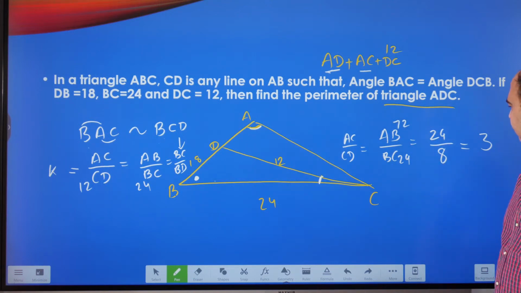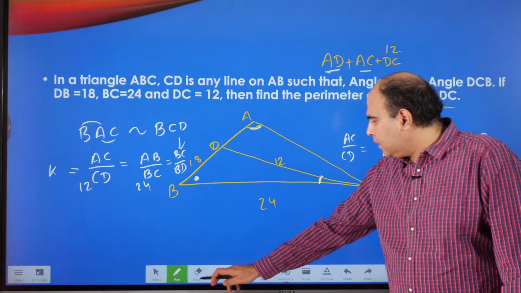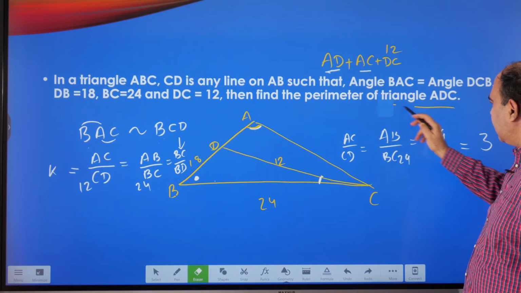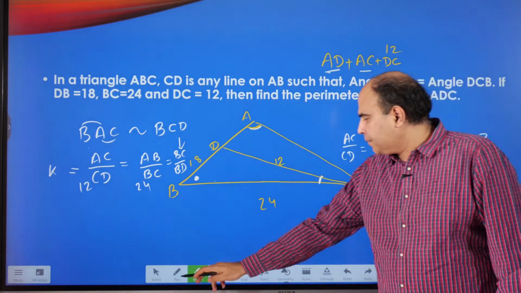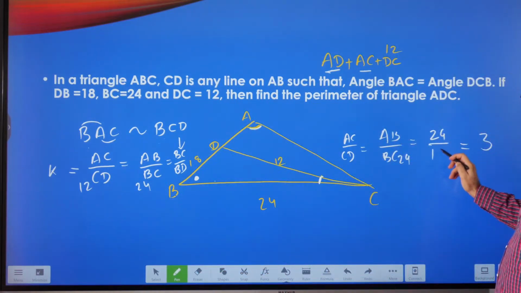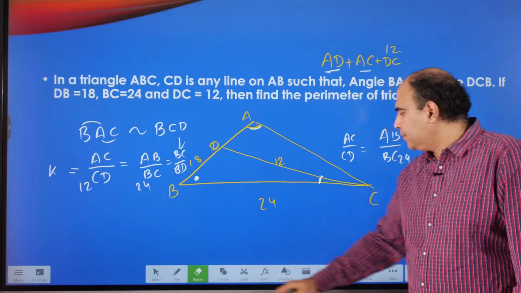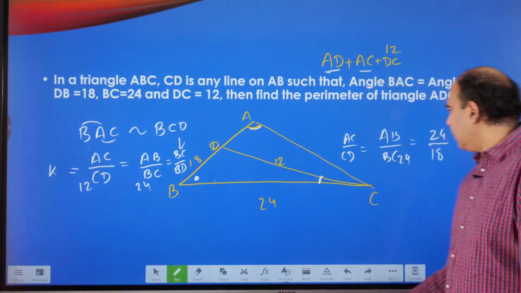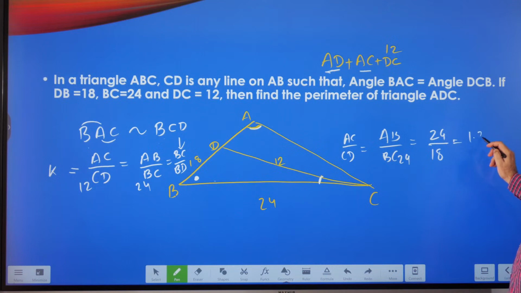And have I made some mistake? I think BD is not 8, it's 18. I misread that. BD is given as 18. So this multiplier here, or the common ratio, is actually 1.33, 4 by 3.